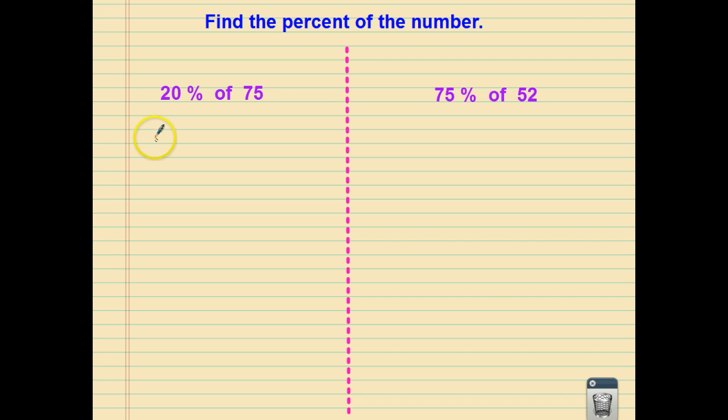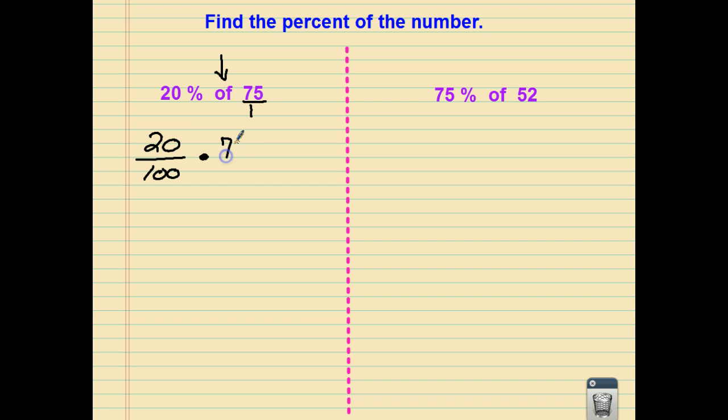So 20% is 20 per 100. And in math, this word of means multiply. And then we know that 75 can be written as a fraction that still means 75, we put that over 1.